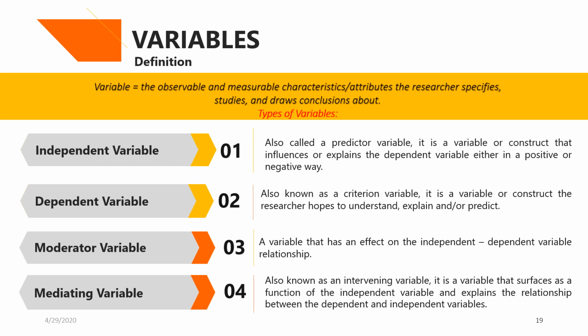In the conceptual framework, you should notice that the mediating variable is located between the independent and dependent variable. The arrow from the independent variable should point to the mediating variable, and the arrow from the mediating variable should point to the dependent variable.